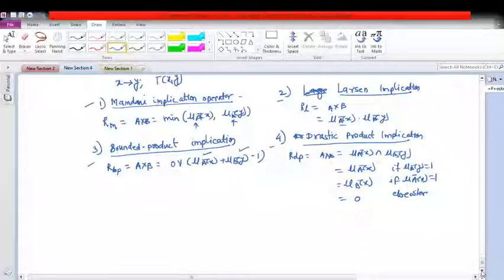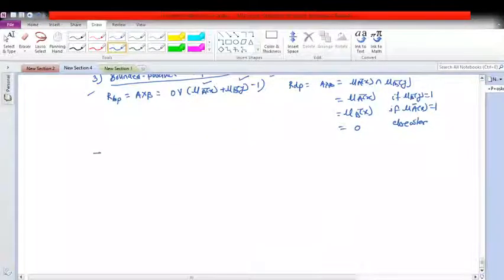Again, we will see the different operators for the computation of A entails B using S norm or T co-norm. So first is called Lukasiewicz and Klein-Dienes implication.